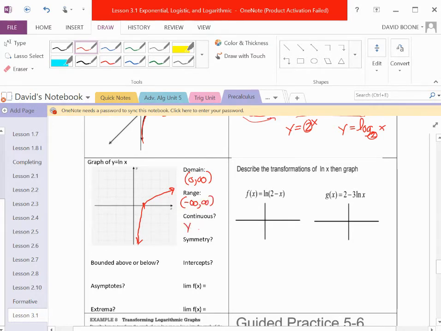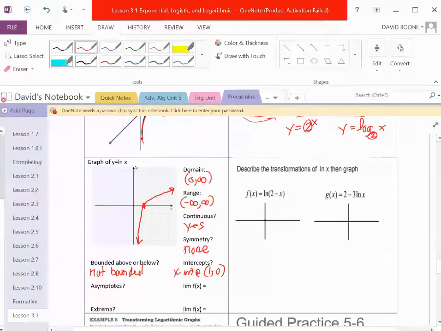Yes, this is continuous because I never have to pick up my pencil to draw this. Symmetry, there is none. The intercepts: instead of having a y-intercept, it does have an x-intercept, right here at the coordinate (1, 0). Bounded above or below, this is not bounded. It's going forever down and forever up.